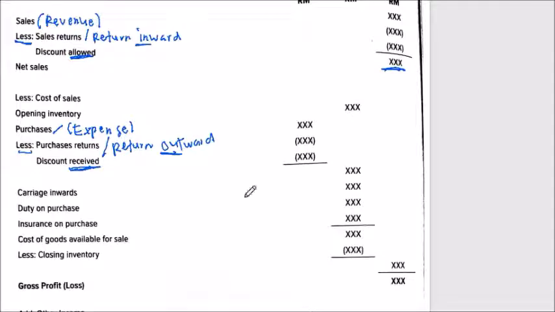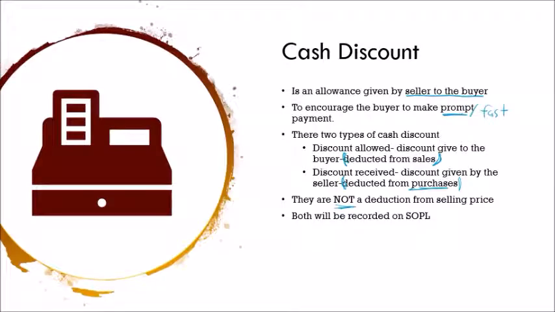Thus it reduces our purchase expense. So that's why we deduct here. Okay, remember its position, so you would be able to make this statement in the future. Okay, let's look at the slide again.